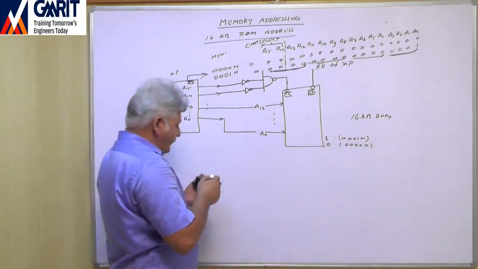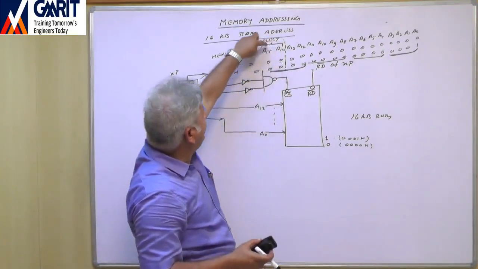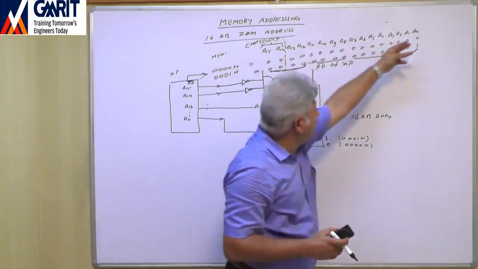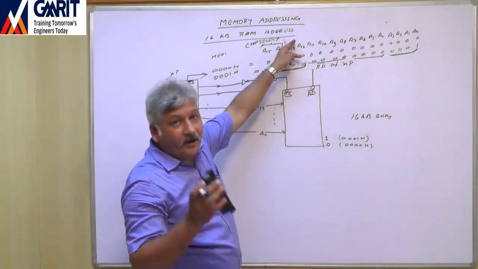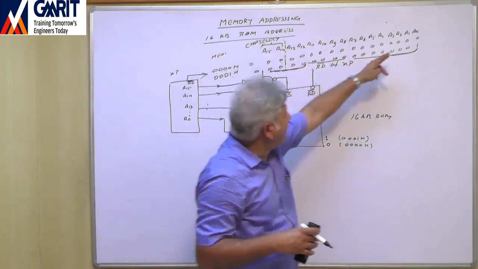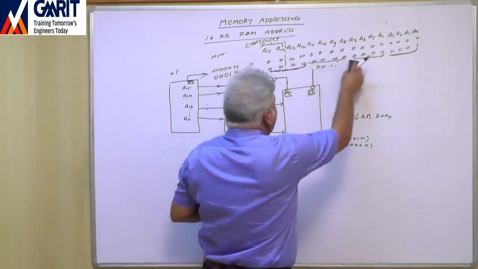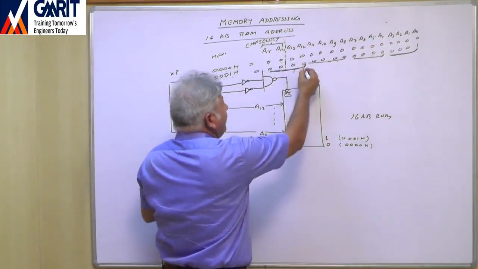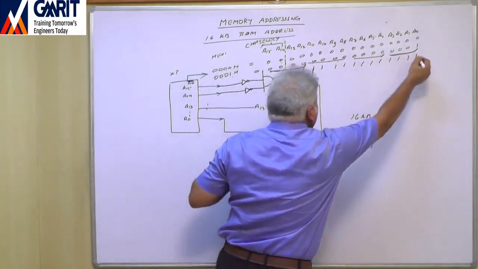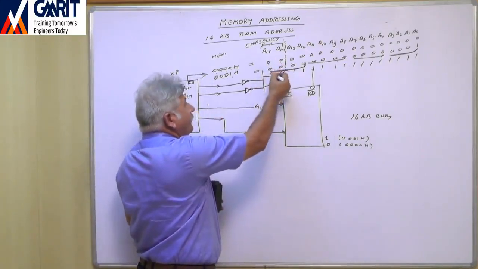Now, in this way, if we move, we have to keep A14 and A15 constant. These values should not change. So only A0 to A13 are allowed to change. How much maximum value will you get at A0 to A13? The maximum is when all of these are 1. In this case, again A14 and A15 are 0.